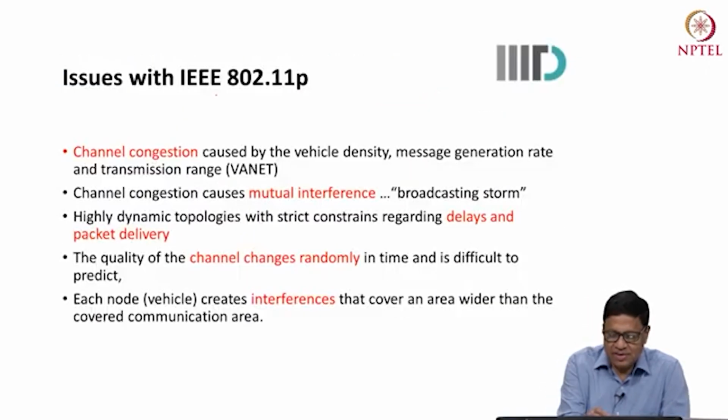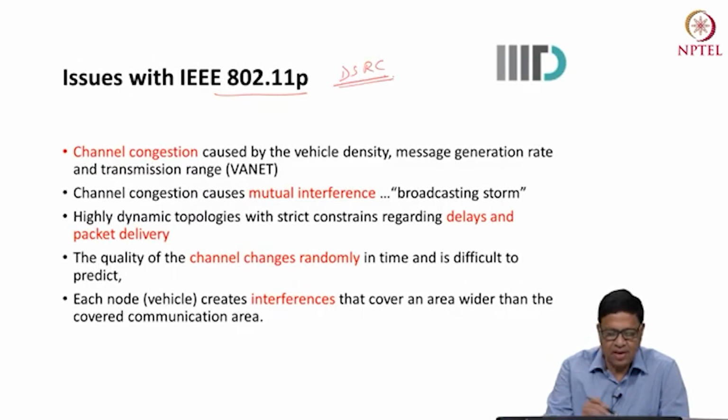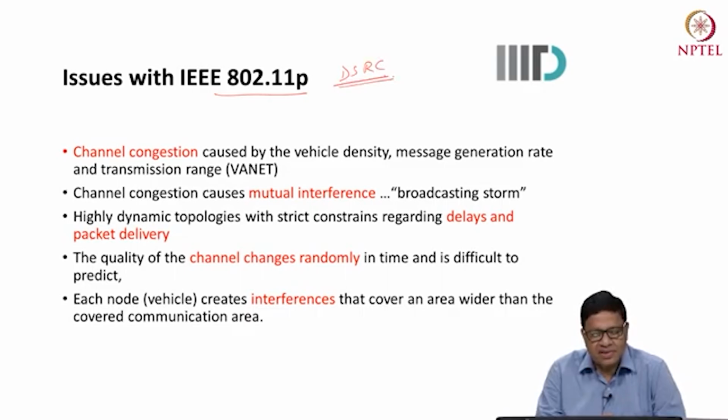This is the IEEE 802.11p DSRC standard. The problem in DSRC is that when the number of vehicles increases, there is channel congestion, and the message generation rate and the transmission range are reduced.